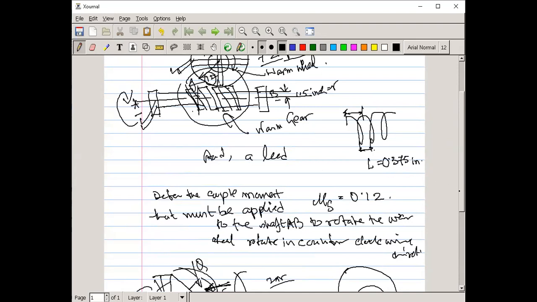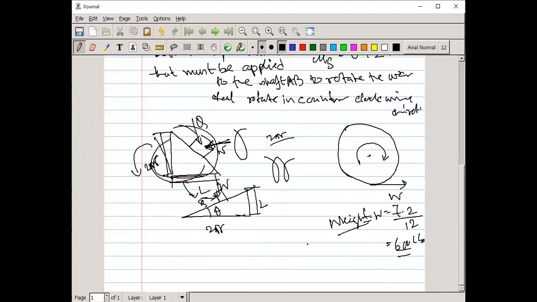If we want to find out first the frictional angle, that is phi. It is nothing but tan inverse of mu. Here why phi s? Because it is given in the question that it is a static coefficient of friction.